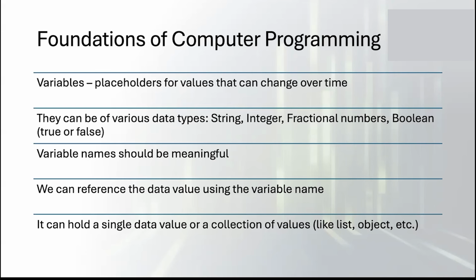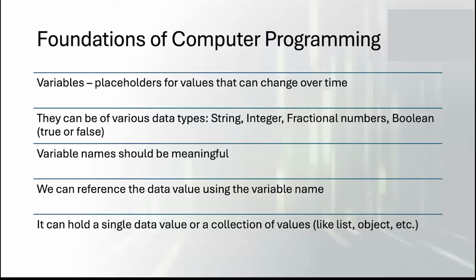All right, so let's take a look at the foundations of computer programming so you can start building your simple programs. In a program, we definitely need variables. They are placeholders for values that can change over time. A variable can be assigned a certain value at the beginning and change to a different value at a different time to serve the purpose of the program.